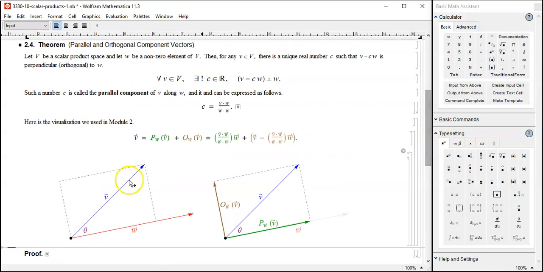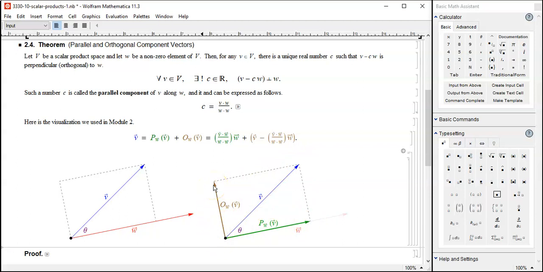If it is a non-zero vector, then you have this kind of picture. It can be decomposed into green and brown, where green is parallel in the w direction and brown is perpendicular. Add them up, then we should get this v, as you can see from this rectangle.